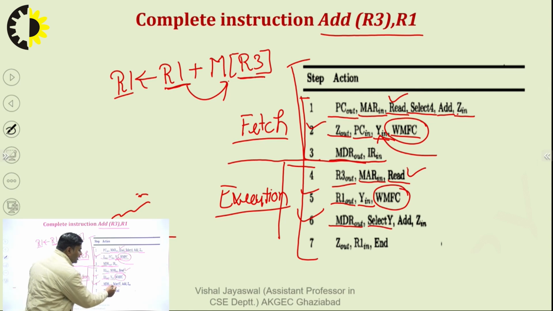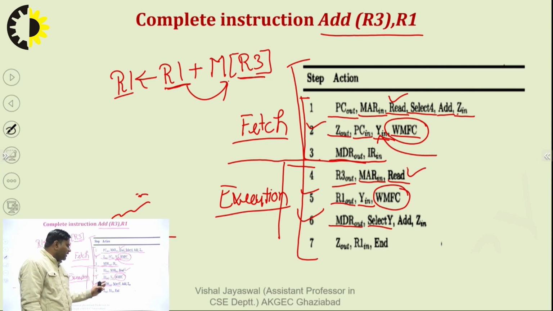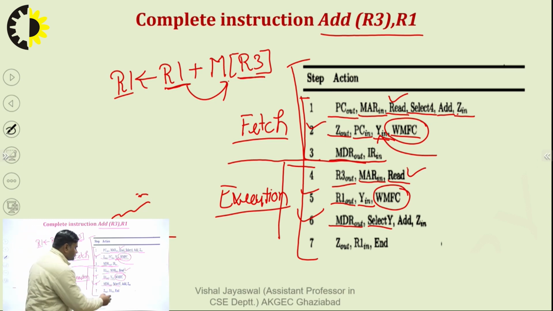and select Y. If we select Y, the content of the Y register, the content of the R1 register that was placed in Y, is selected and goes to the A input of the ALU. MDR out means the content of R3's memory location, taken from the main memory, comes out and goes to the B input of the ALU.